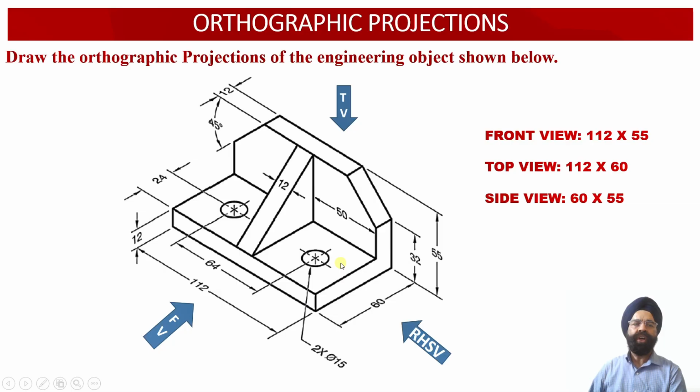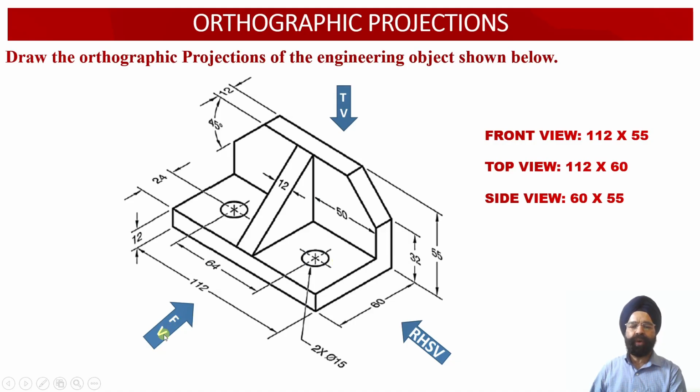Using the information available through this 3D isometric projection, we are required to obtain the front view, the top view and the right hand side view orthographic projections of this object. In order to obtain the orthographic projections, we are required to evaluate the dimensions of the front view face, the top view face and the right hand side view face of the solid.